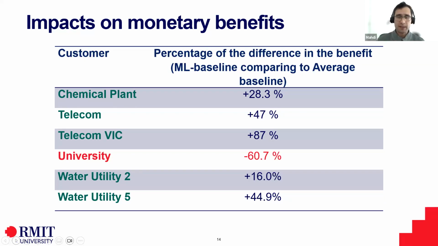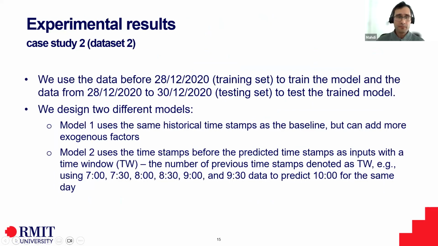That particular customer has been overpaid, not overpaid, but the current baseline is in favor of that customer. While for the other customers, for example, for a telecom customer in Victoria, if the market uses the AI-based baseline, which is a more accurate baseline, the customer is likely to be paid around 90% more if they participate in the demand response program.